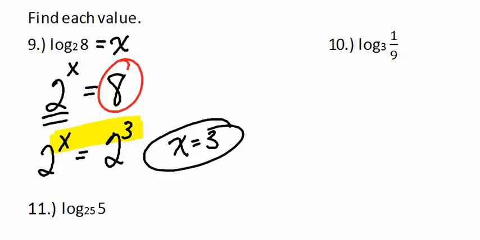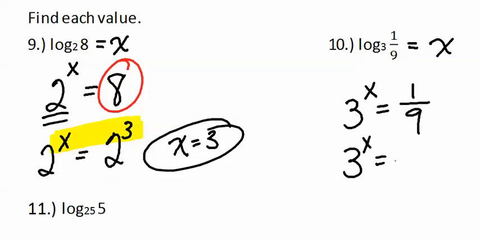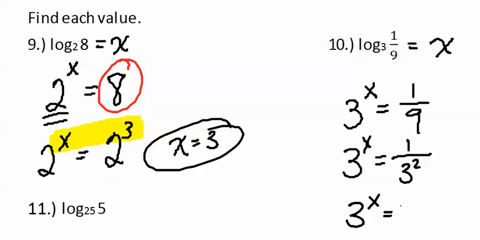I'm going to do the same for number 10. I'm going to set it equal to x, write it as an exponential equation, and then solve. I know that 9 can be written as 3 to the second, and to get it out of the denominator, I can make it negative, so it's 3 to the negative second.